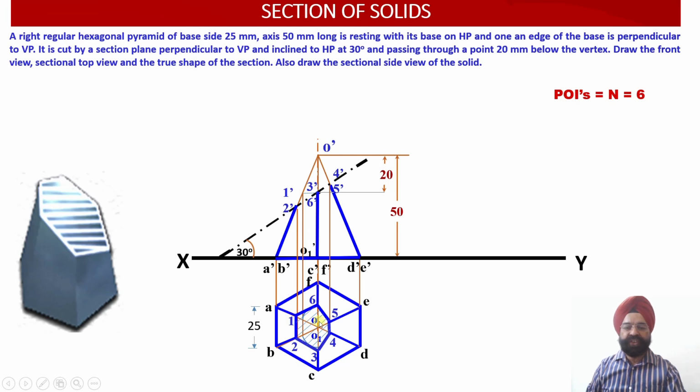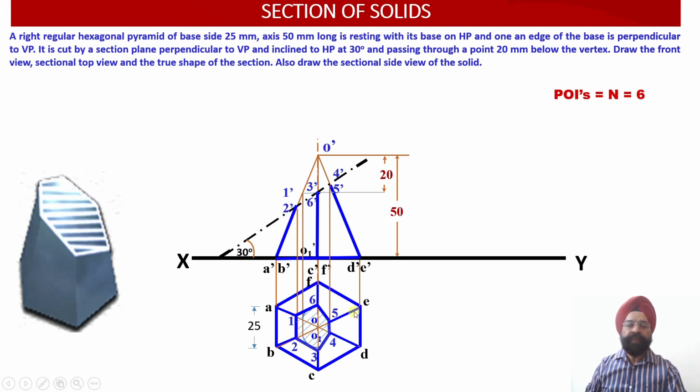And we have done the sectioning, hatching is done at 45 degrees with respect to the XY reference line. And whatever remainder of the slant edges are left out, all those slant edges we have joined. So A1 remaining slant edge, B2 remaining slant edge, C3, D4, E5 and 6F, they have all been joined.